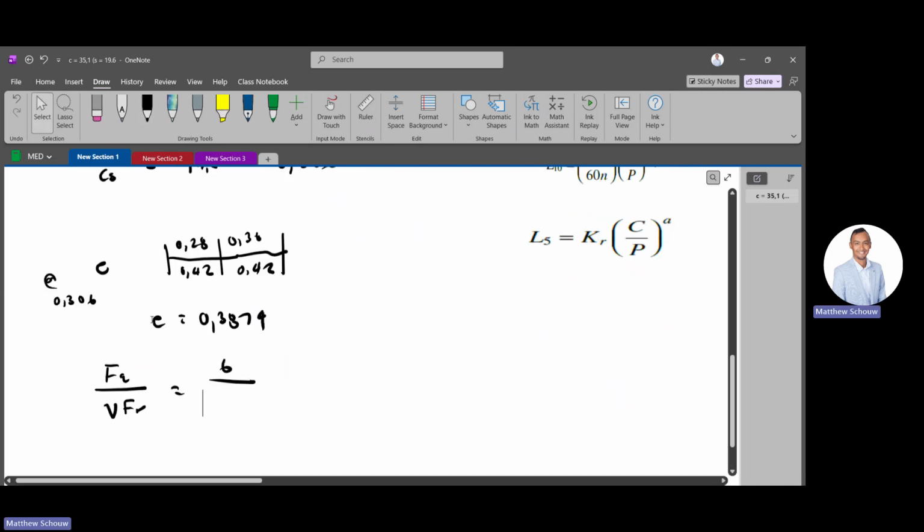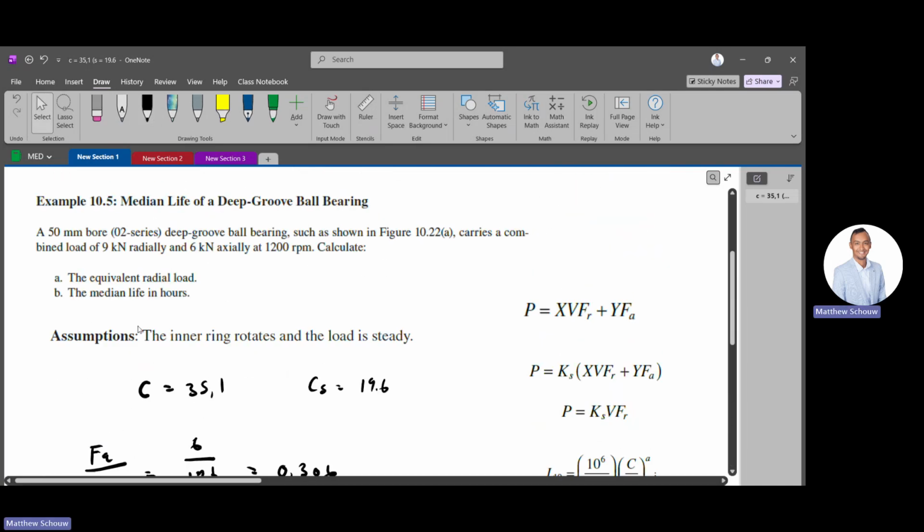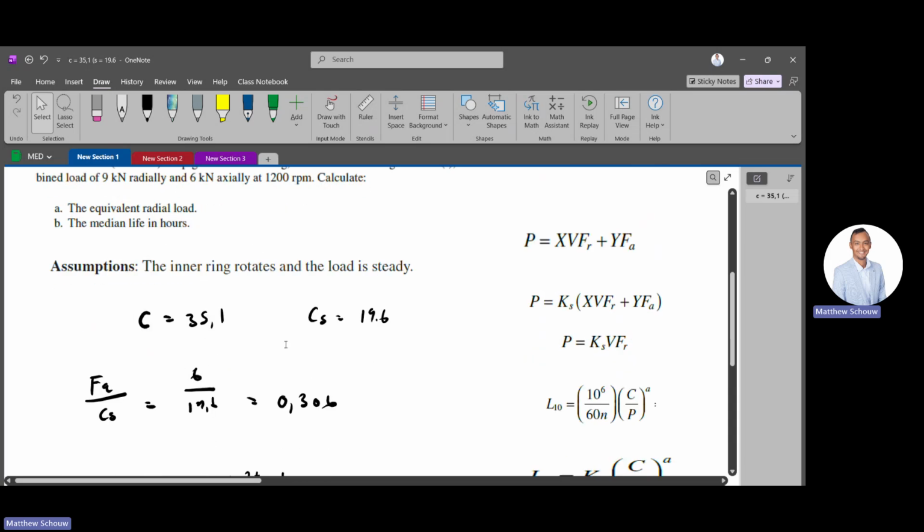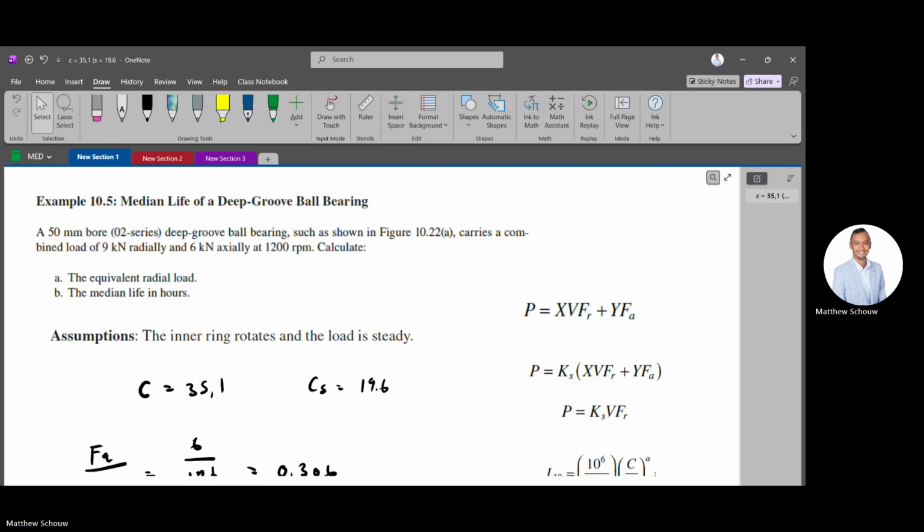Now that V, if you recall, is dependent on whether there's outer ring rotation or inner ring rotation. Let me just quickly check. I'm looking for that part so you can see.